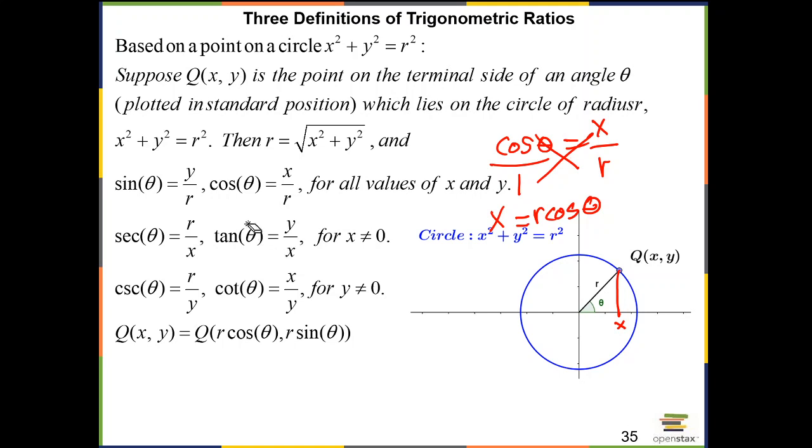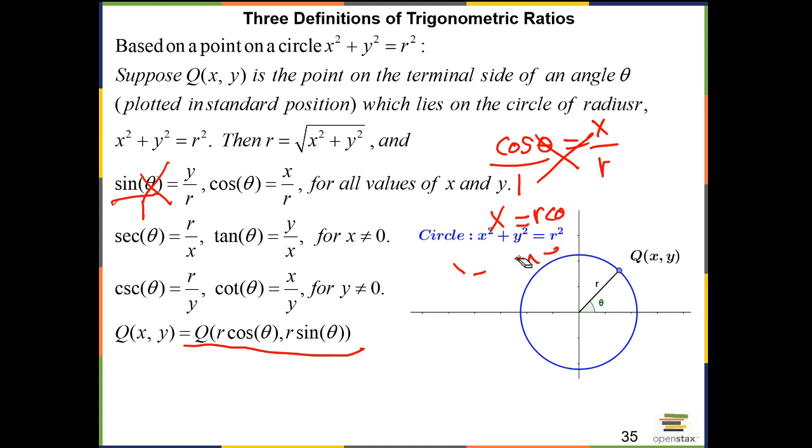And we know that sine is y over r, and if you cross multiply, you get y equals r sine theta. So that means the coordinates of the point on this circle, which is not a unit circle, are given by r cosine theta, r sine theta, right?